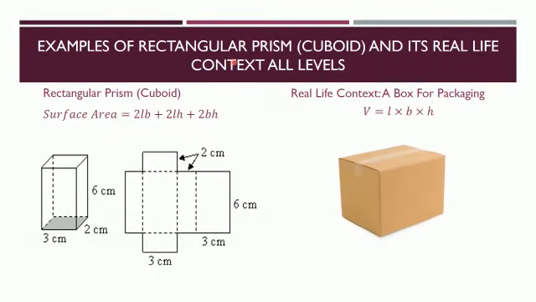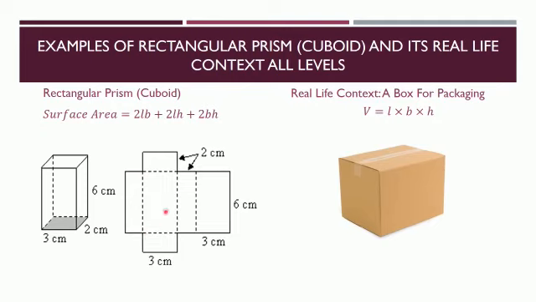Example of a rectangular prism and its real life context for all levels. The surface area there is 2 times length times breadth, that is this part and that part, the length and the breadth.